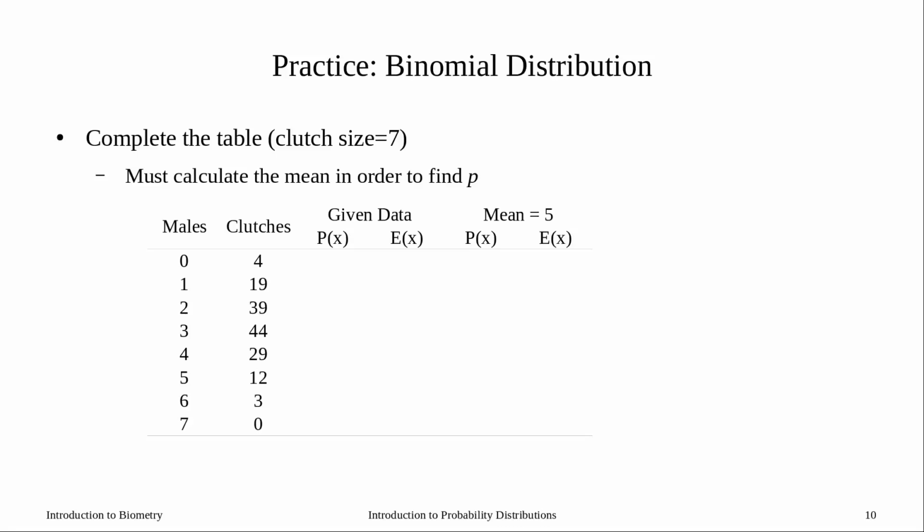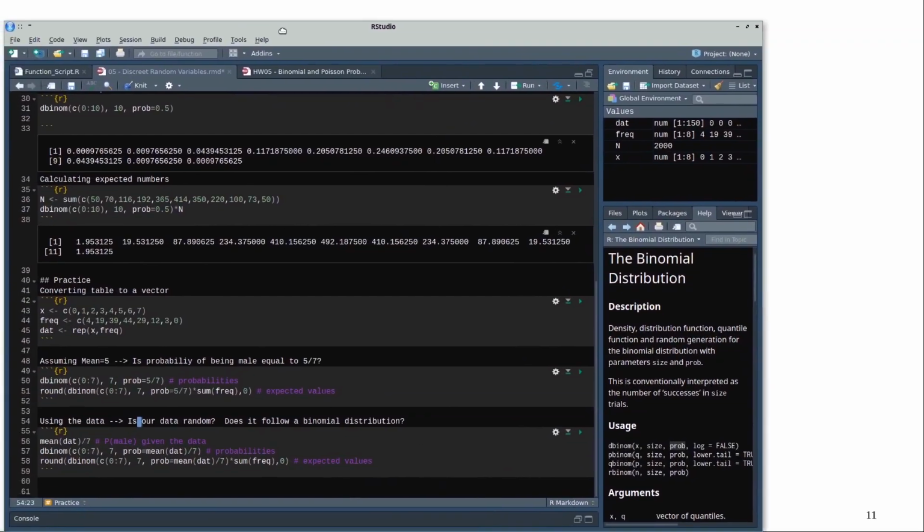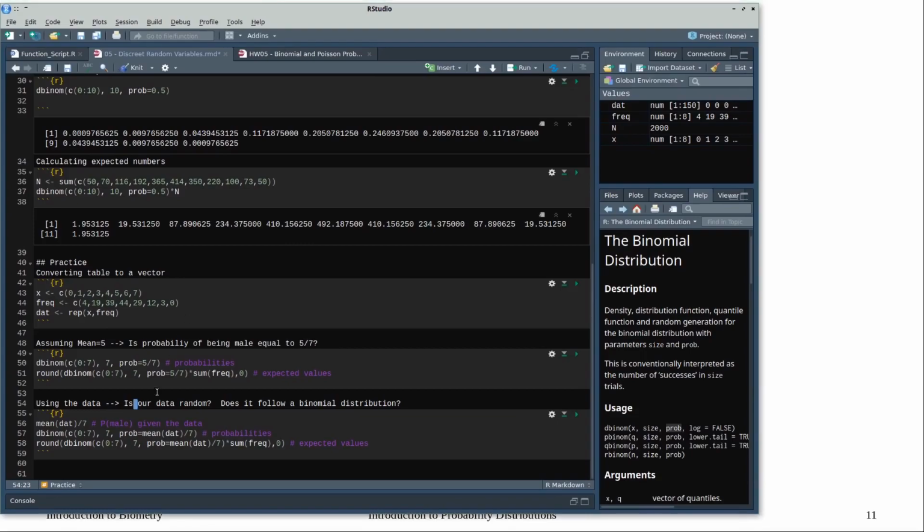Alright, so you've taken some time to try to calculate these probabilities. Let's see what I get. So these are my numbers. I used R to do these, but we would get the same numbers if we used our calculator. So how did we do it? Here's the general flow for these types of problems. One of the things I like to do is convert my table to a vector.